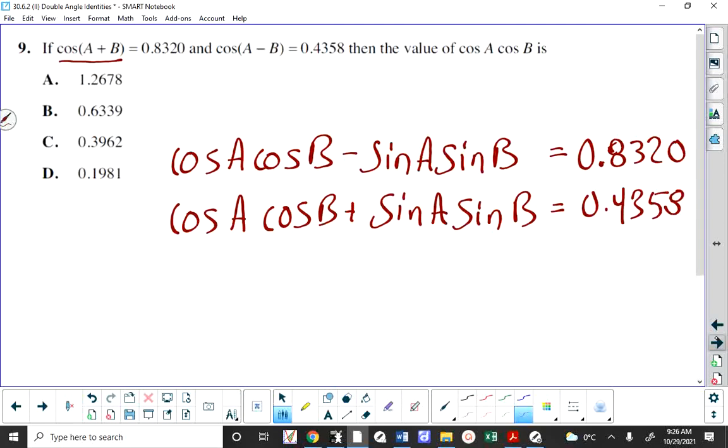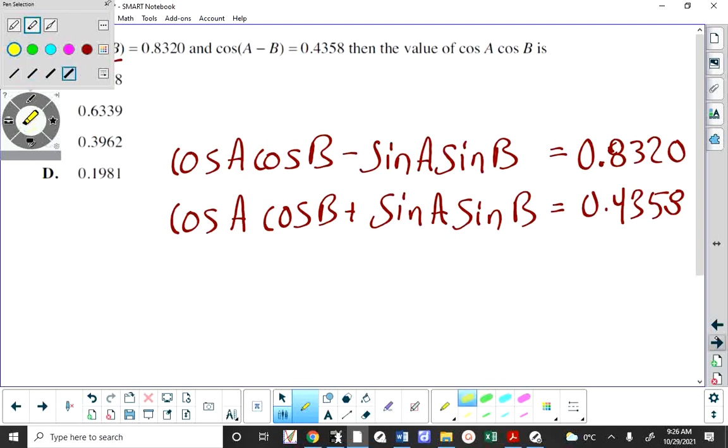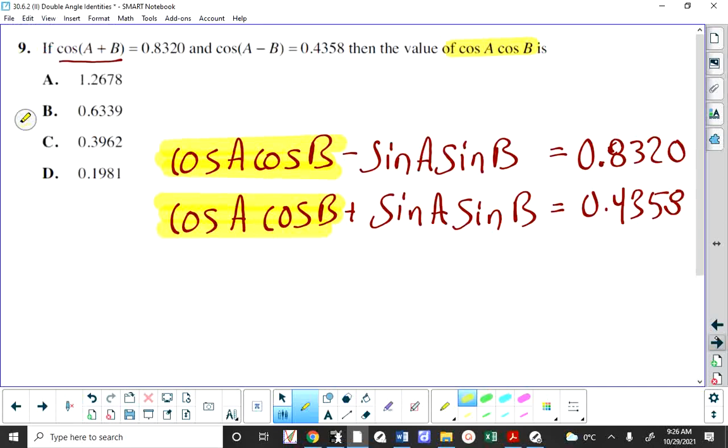My motivation is here because I know what's about to happen, and I've seen this question before. What you are asked to determine the value of is this, which is here. And when you first read this question, I think what most people would say, myself included, the first time I saw this type of question is, I guess I need to find A and B, and you don't ever find A and B. What we can do to this system of equations is add the two equations.